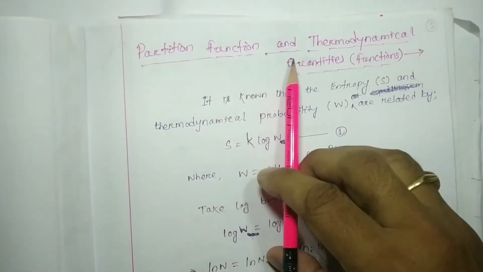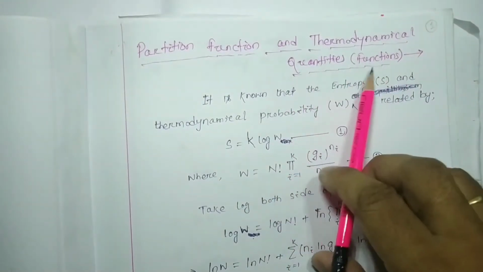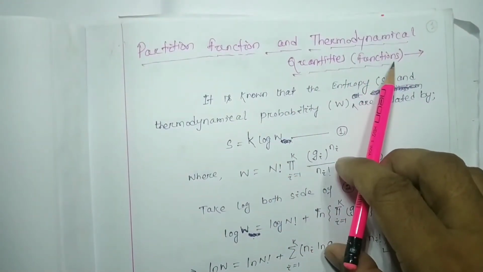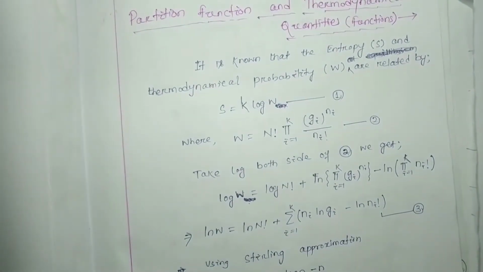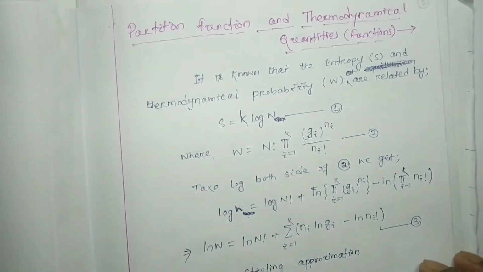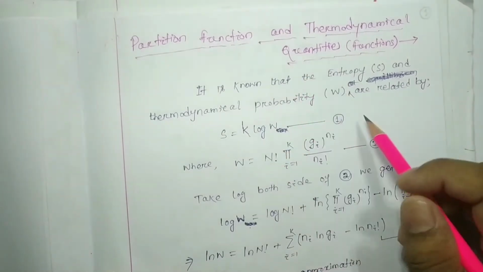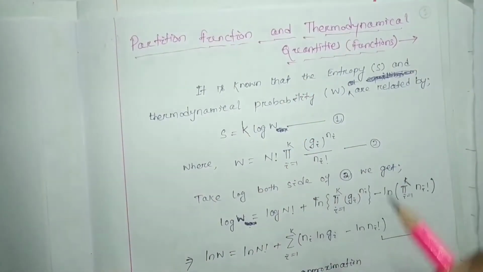So in today's class, we are going to discuss partition function and thermodynamical quantities or functions, or you can say representations of thermodynamical quantities in the form of partition function.